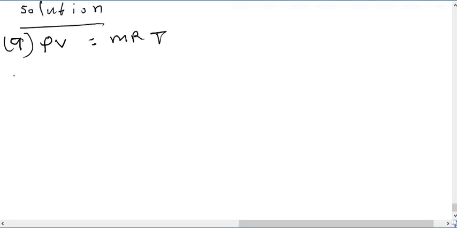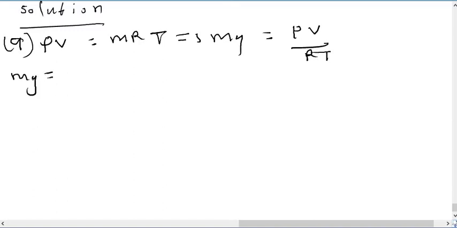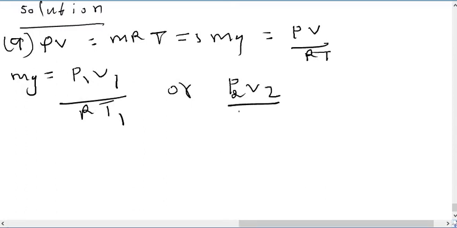So m, the mass of gas, is equal to PV over RT. We can use either state 1 or 2 depending on the values we have. The mass of gas is either P1 V1 over R T1, or state 2, P2 V2 over R T2. We don't have state 2, so we use state 1 to get the mass of gas.